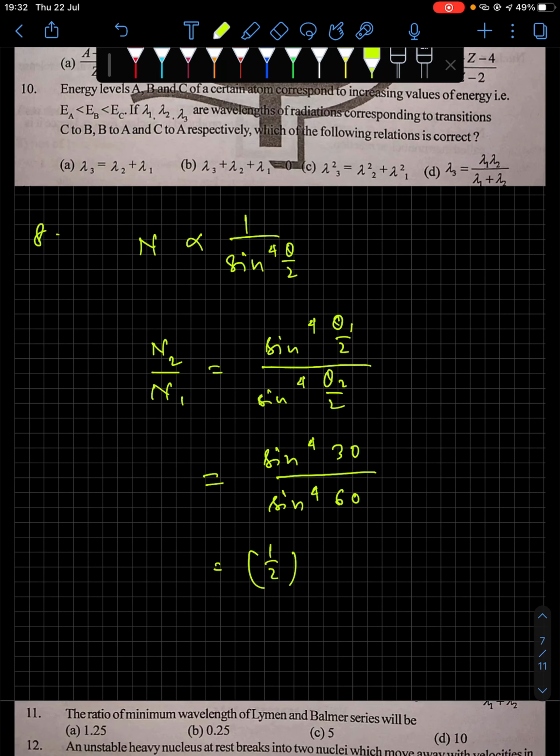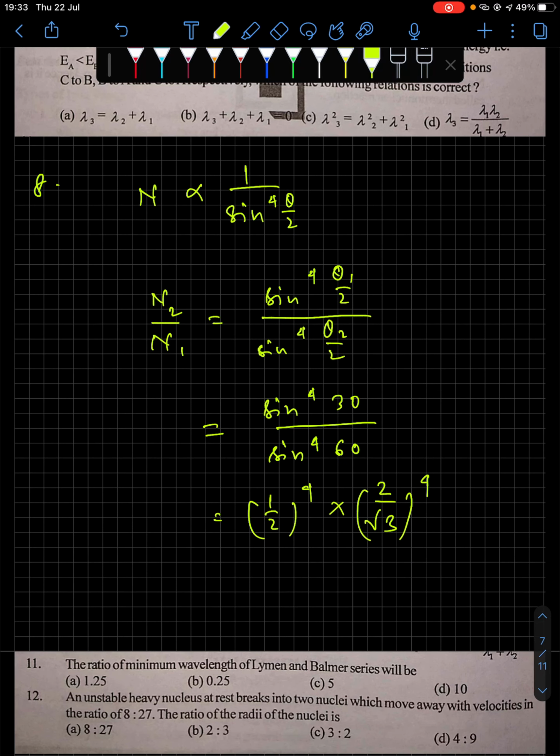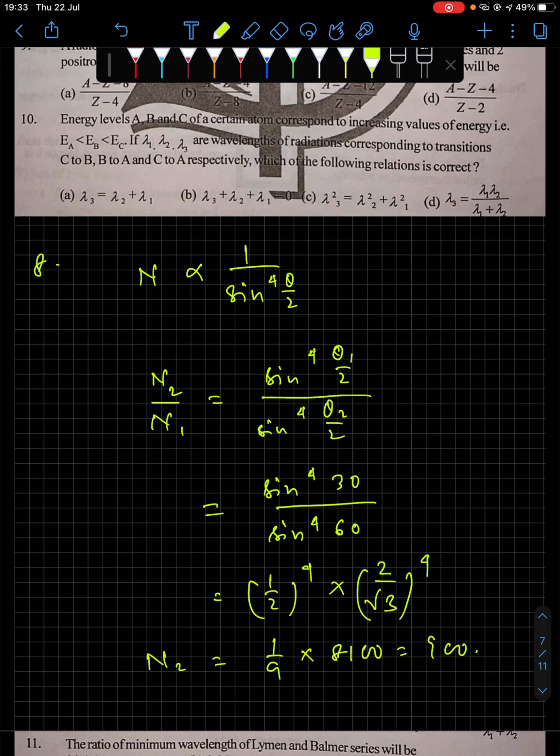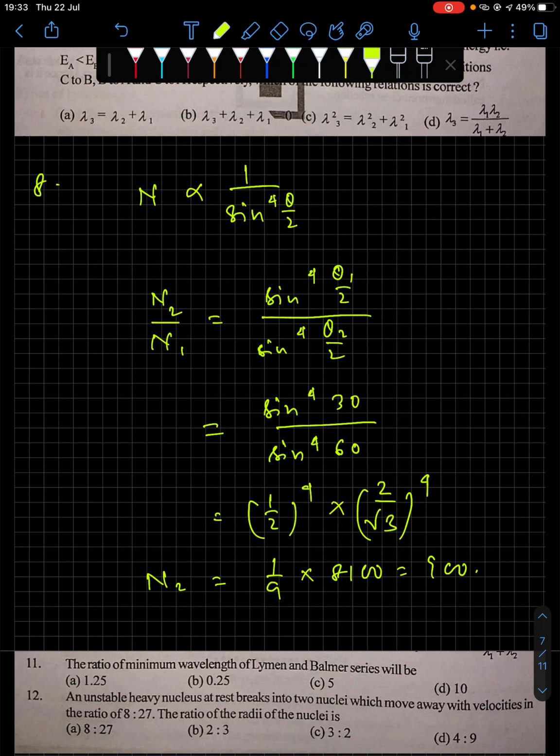Sine 30 is half to the power 4, and sine 60, what is the value? Root 3 by 2. So since it is in the denominator, we'll be writing 2 by root 3 to the power 4. So you get n2 is like 1 by 9 into n1 value is 8100, and that comes out to be 900. So your answer is option number A.